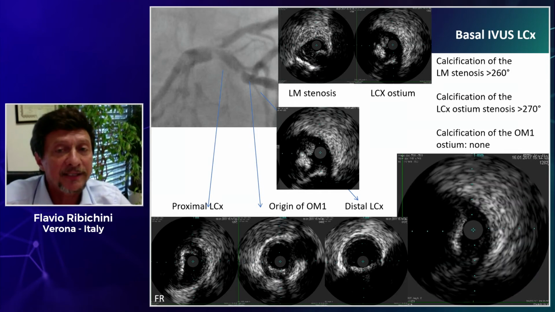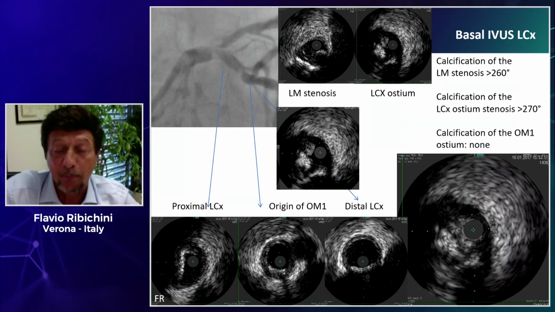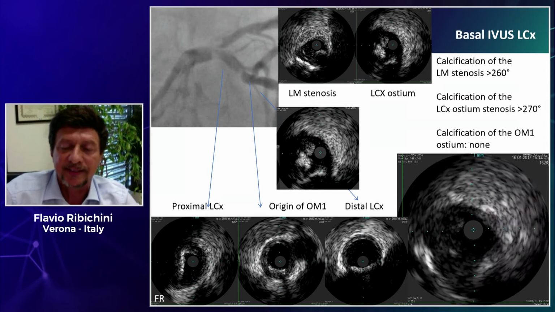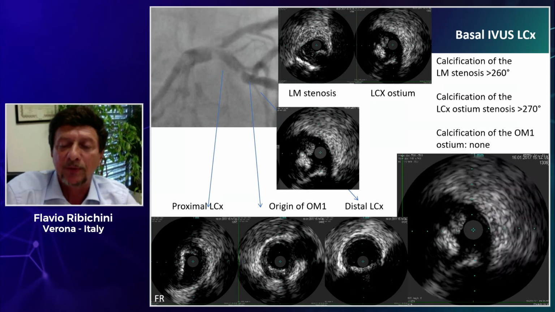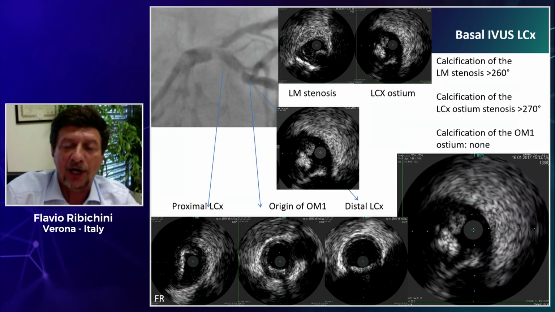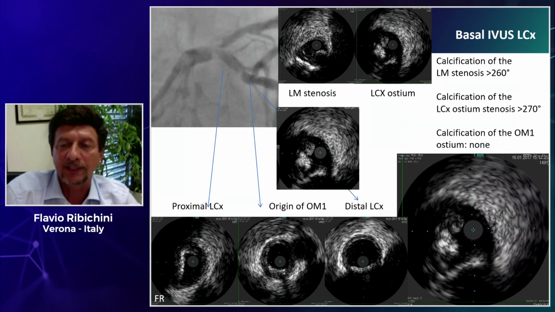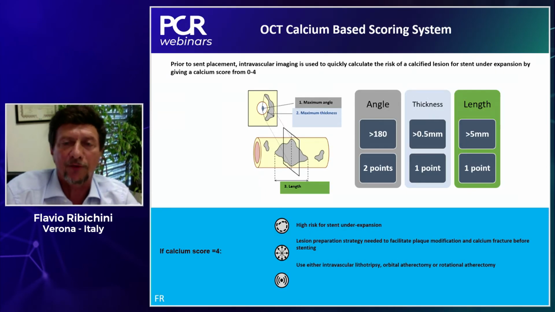So we can plan the secondary bifurcation as, let's say, a provisional strategy. The distal part of the circumflex is calcified. You see in the bottom image, which has a 180-degree dark cone, but the lumen of the vessel is widely patent. So this IVUS analysis tells us a lot of things about how to manage this case.